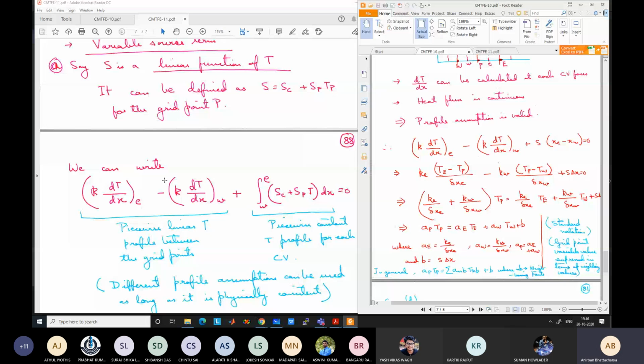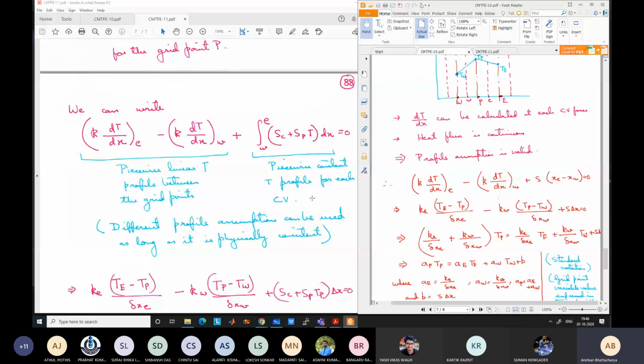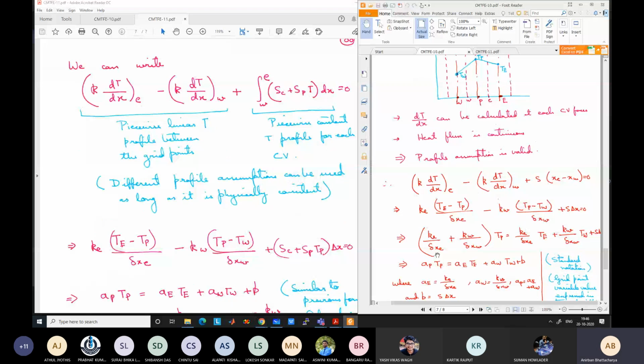For the P-th control volume, this T is actually TP. I will come to this blue writing, whatever is written, but let us continue here. This part we have already treated: Ke (TE minus TP) by delta XE, where we now know how to take Ke from the grid point values, minus Kw (TP minus TW) by delta XW. We also know how to take Kw. Delta XE and delta XW we already know from geometry.